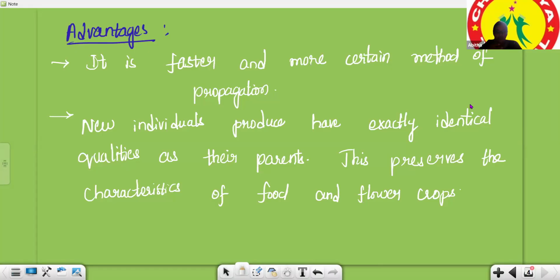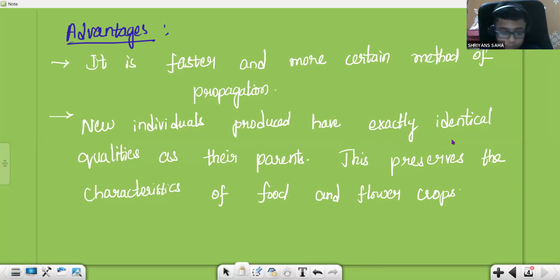If you are sowing a red rose, you will get red rose plant only. So it will be exactly similar to the parent. So whatever new individual is produced has exactly identical qualities as its parents. Clear, Roshan? Yes, ma'am.